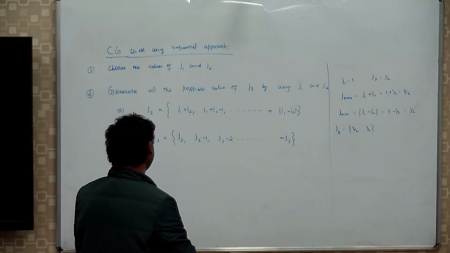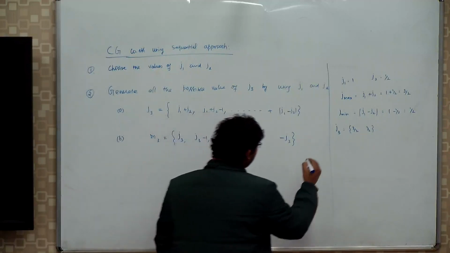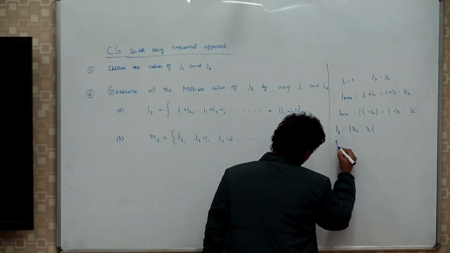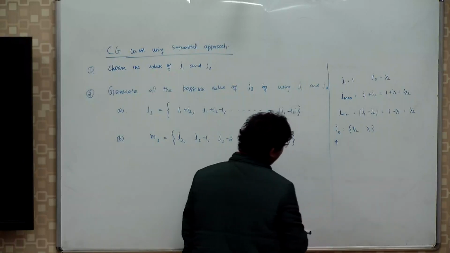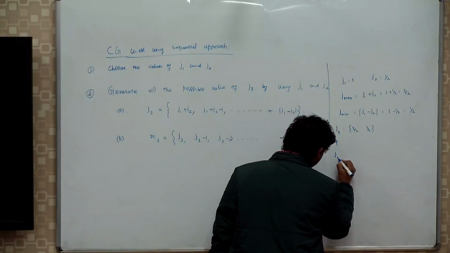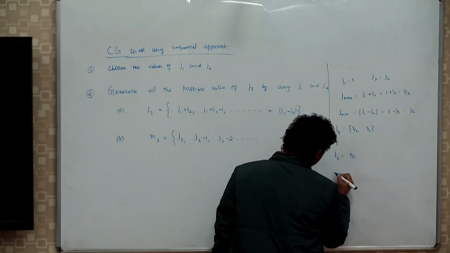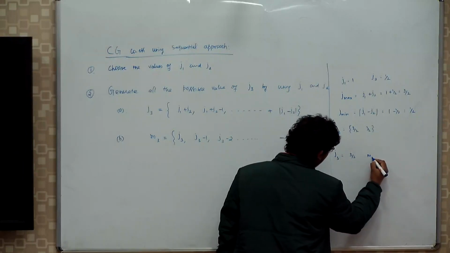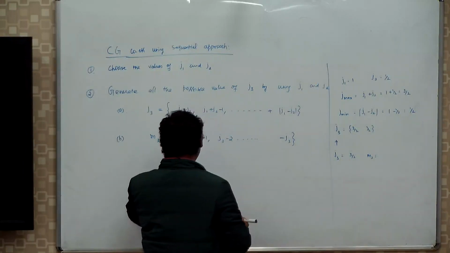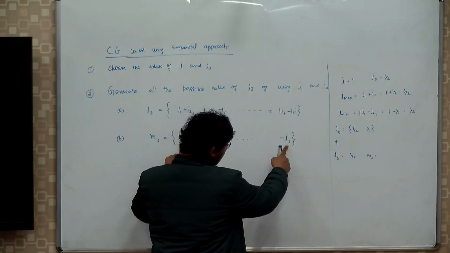If this is the J3, then what is the magnetic quantum number M3? Suppose you are considering J3 is 3 by 2, then the values of M3 are nothing but plus J3 to minus J3.